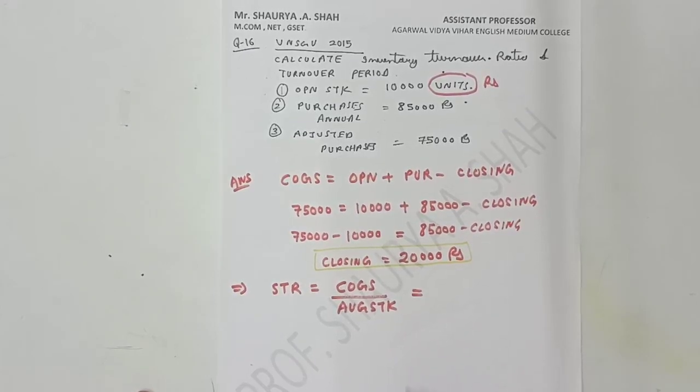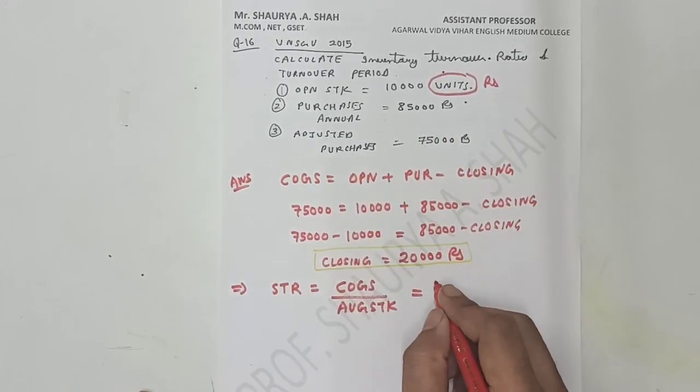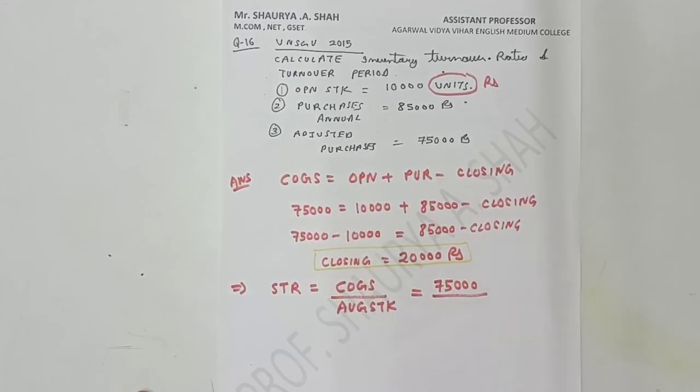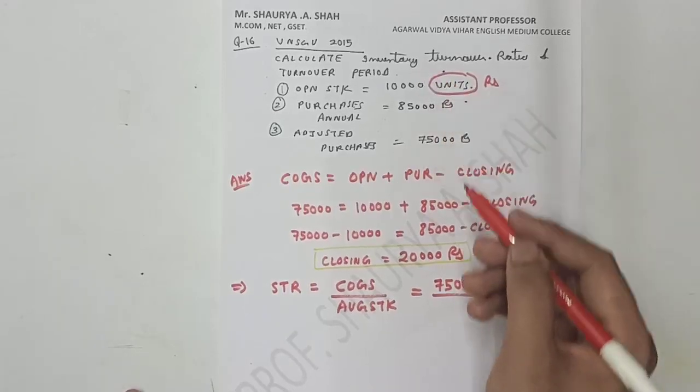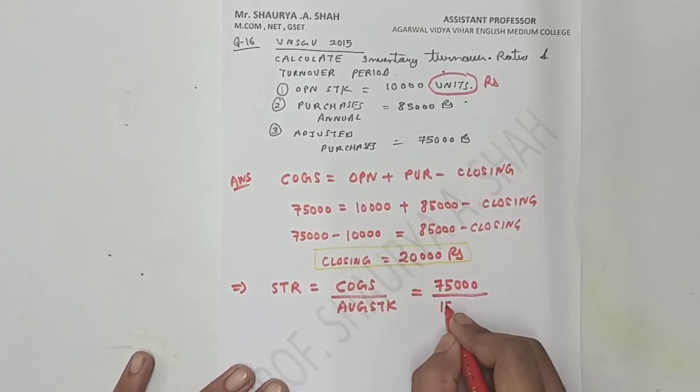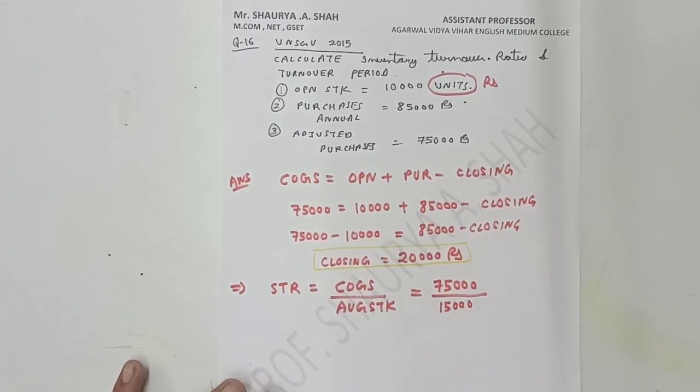Cost of goods sold is 75,000. Average stock we have not calculated, but you can do it directly: 10,000 plus 20,000 gives 30,000, divided by 2, so it will be 15,000 rupees.